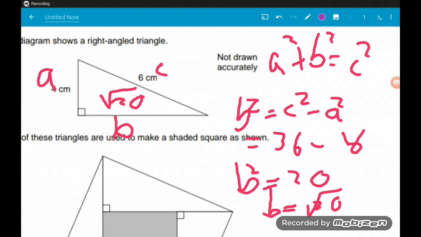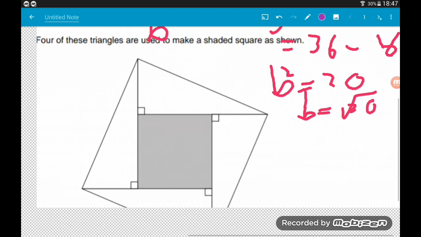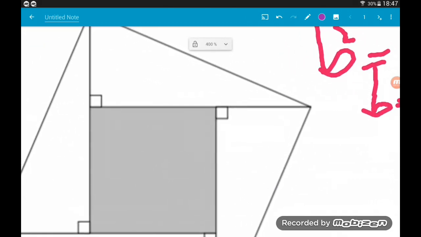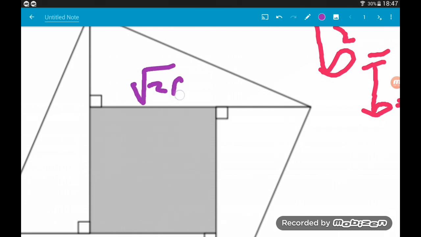Okay, so how does that help us? Well, we can now work out the side length of Mr. Square. So if we zoom in, we know the base of the triangle is root 20. The side of the square though isn't the whole of the base of the triangle. It's the whole of the base of the triangle minus this little bit here.